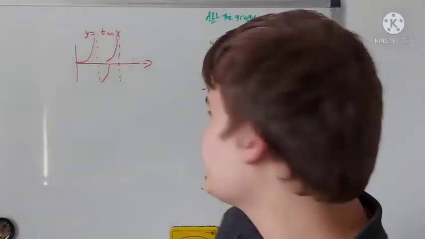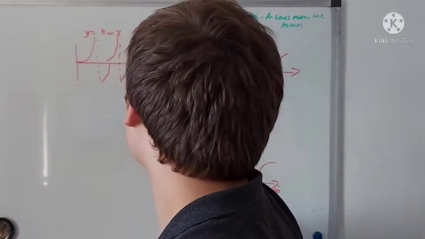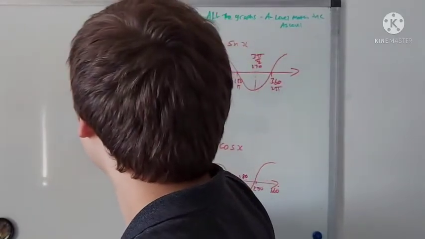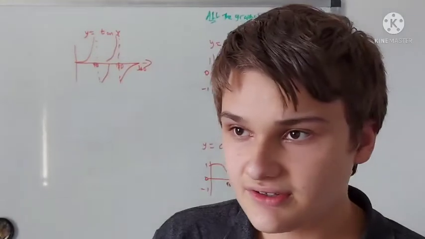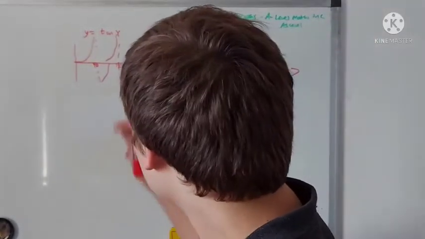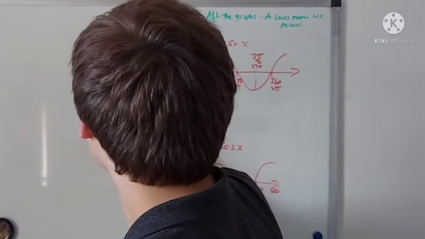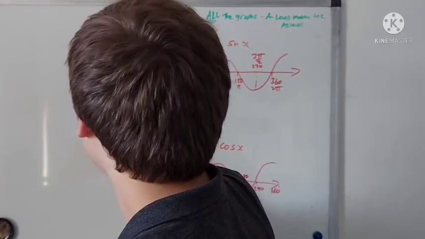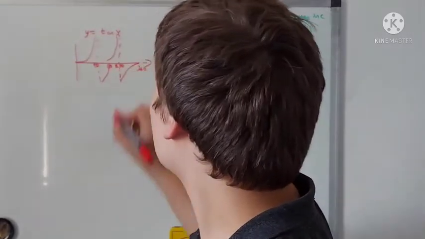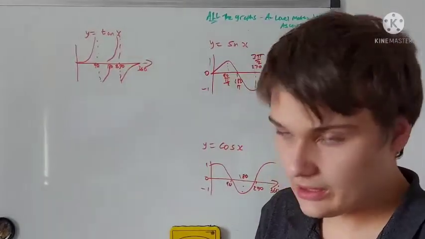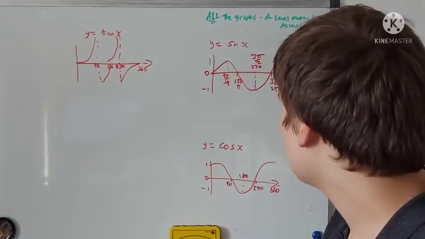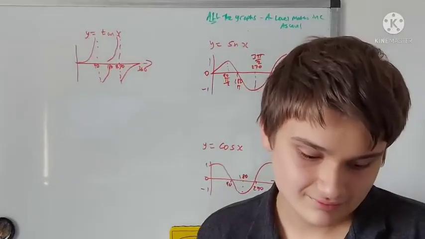I was going to make it complicated, but I don't want to make it complicated. There's 360, there's 90, there's 180 degrees. No, that's 270, so it goes up every 180, doesn't it? There. Okay, so there's the basic graphs of y equals sine x, cos x, and tan x.